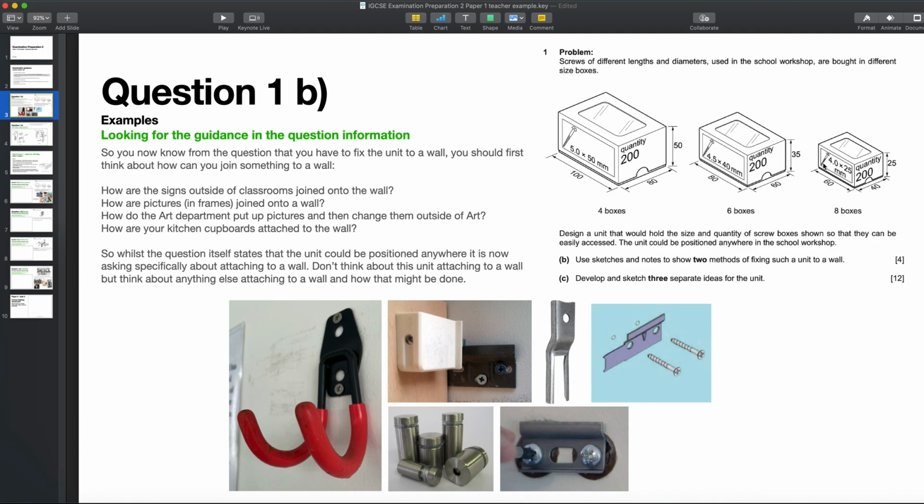However, what they are now saying, despite what you may have said in A about it being on wheels or casters so it could be moved around a workshop, for this part they want it to be fixed to a wall. So how can you fix something to a wall? And that's the question. How can you fix something, any product, to a wall?